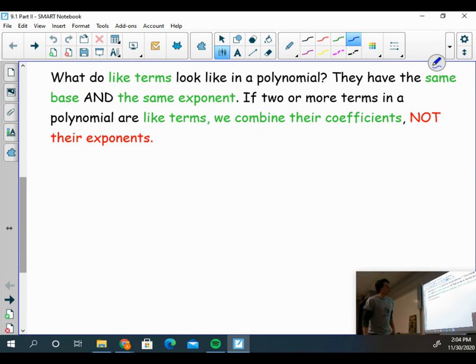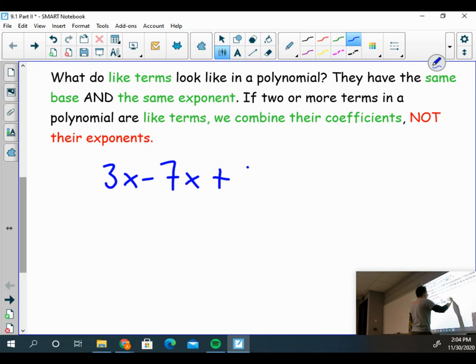So what are like terms going to look like in a polynomial? Well, we've worked with problems like this before, where you have had to simplify. You didn't know it at the time, but you weren't working with a polynomial.